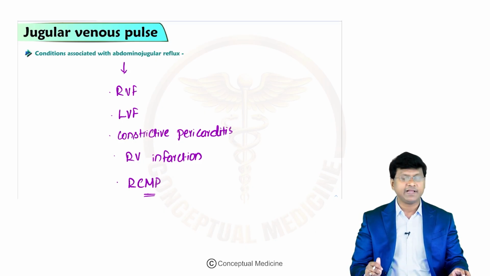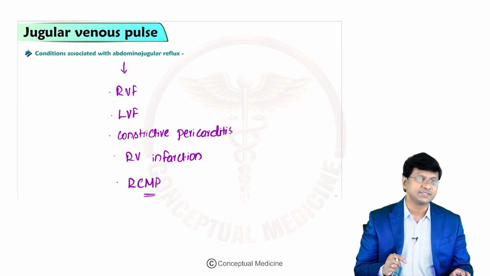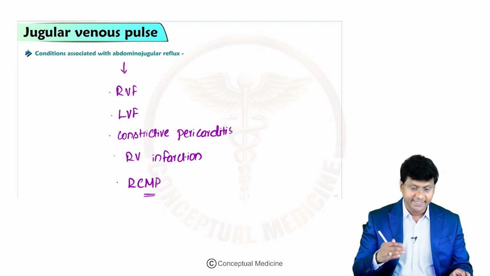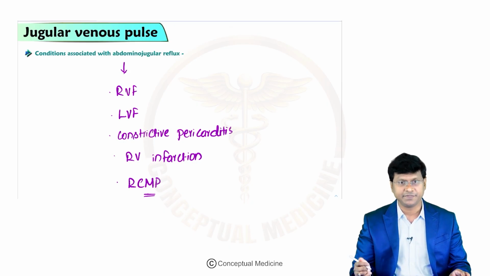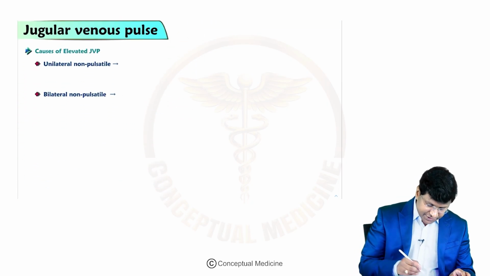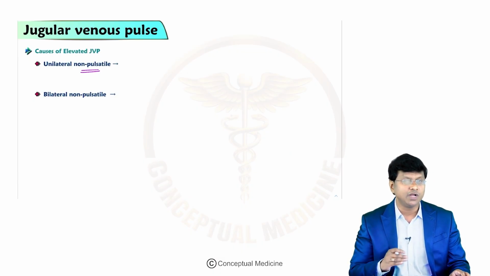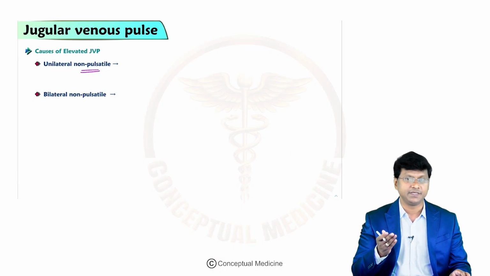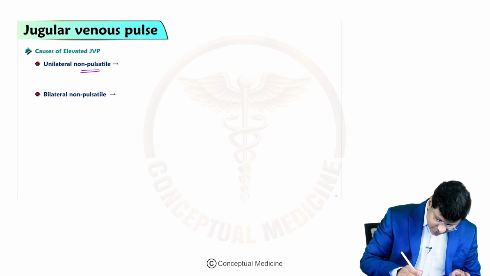Okay. Now, after having discussed the hepatojugular reflex or abdominojugular reflex, let me discuss the clinical conditions where you have elevated JVP and the clinical conditions where you have decreased JVP. So the conditions where you have unilateral non-pulsatile increase in JVP, you will have that whenever there is innominate vein thrombosis.